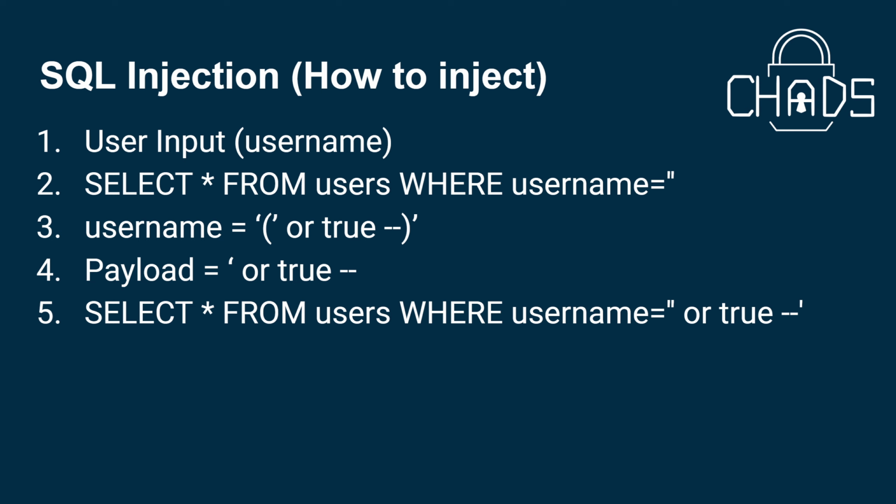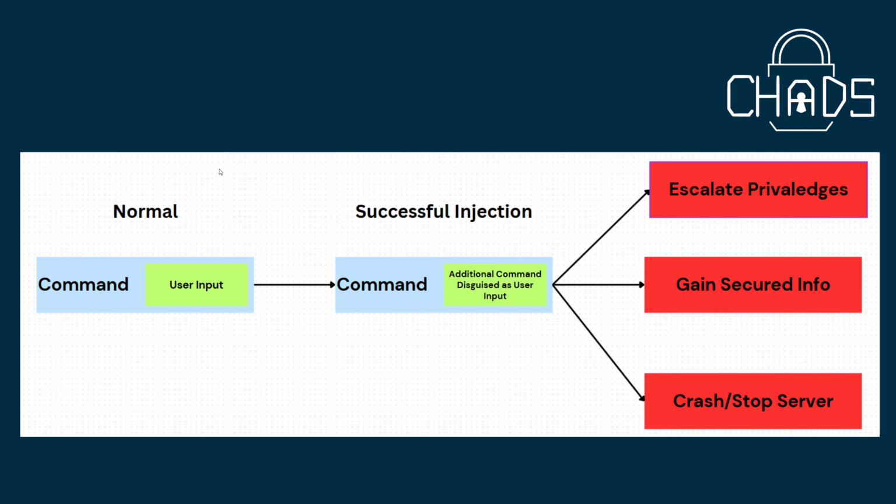Okay, so here we have input. I'm going to switch between these two slides. Let's say we're looking at normal, expected user input. You have a website and the website is trying to get your username, and then from your username it's supposed to connect depending on your password and whether it's correct.